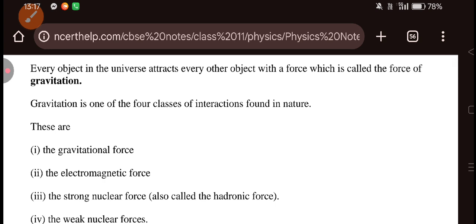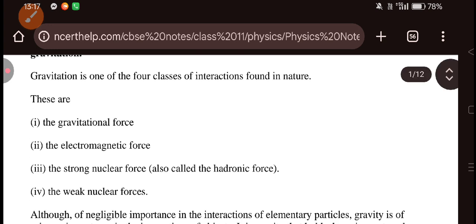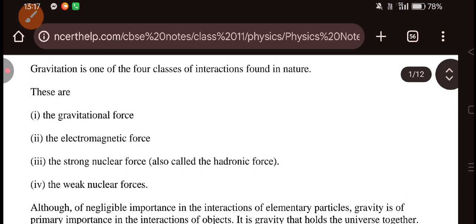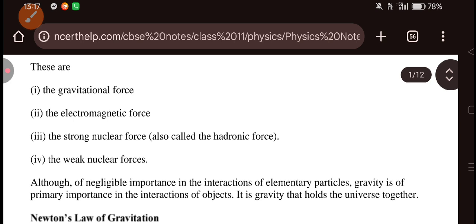Gravitation is one of the four classes of attraction found in nature. This gravitation force is one of the four classes of attraction found in nature. Let's say those four attractions. First we have the gravitational force, which we are discussing.